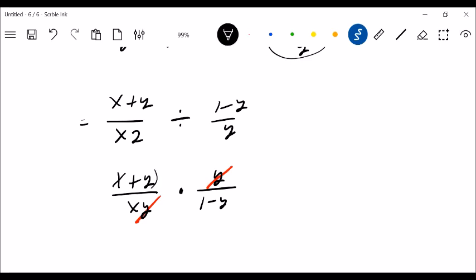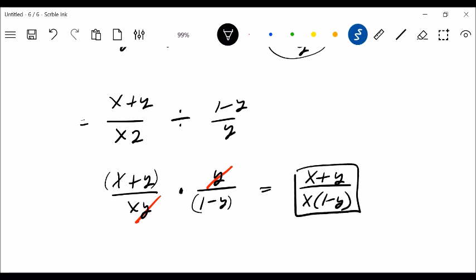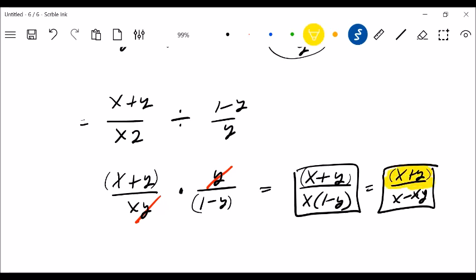Nothing else can be canceled because these are in parentheses. But I can now put them all together in one fraction, x over 1 minus y. That's an acceptable answer, and so is it if I multiply the bottom out, so it's x minus xy. So for both of these, that's as far as I can go because this is in parentheses, so it can't be a single x reduced or a single y reduced.